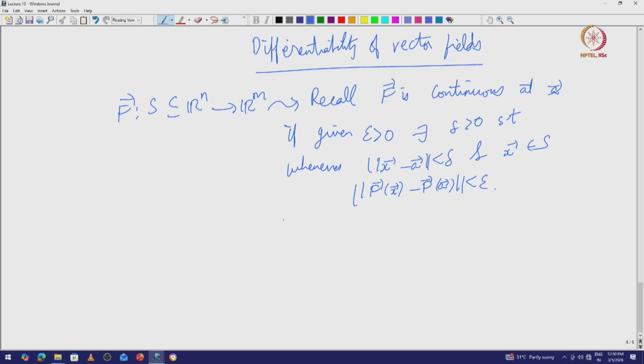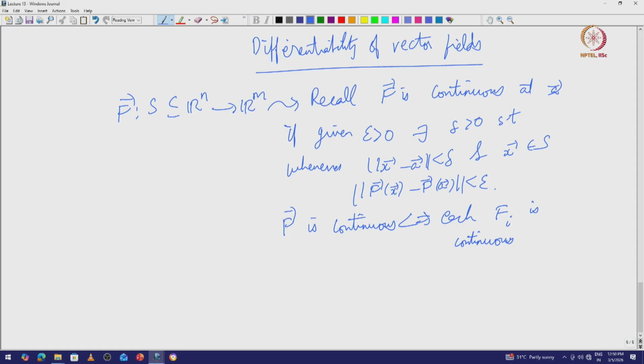And f is continuous if and only if each component f_i is continuous. So a vector valued function is continuous if and only if each component is continuous, okay.